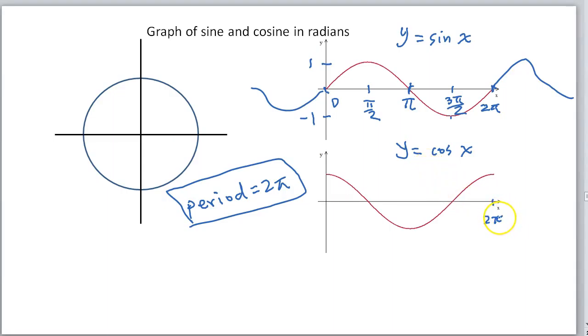And once you have 2 pi, then it's quite easy to figure out the other points because this point is half of 2 pi. So 2 pi divided by 2 is equal to pi. And pi divided by 2 is pi over 2. And the midpoint between pi and 2 pi is simply the average.